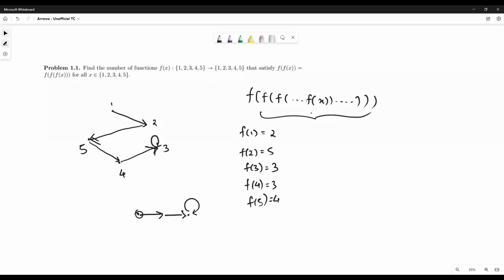So the first question I want to ask you guys is, can there be a path? What is the maximum length of a path there can be in this function?